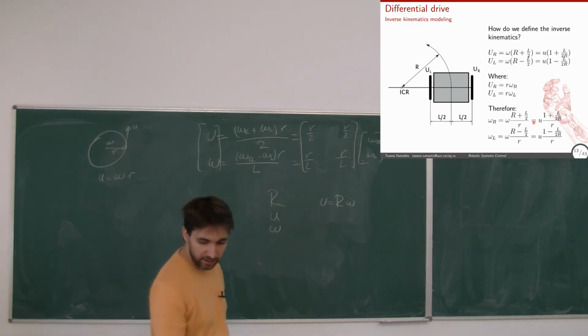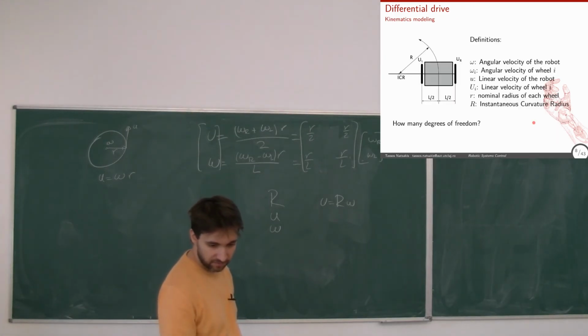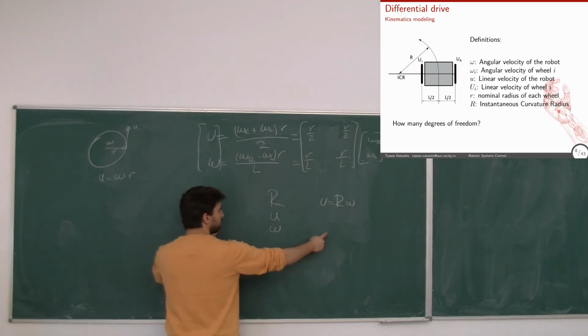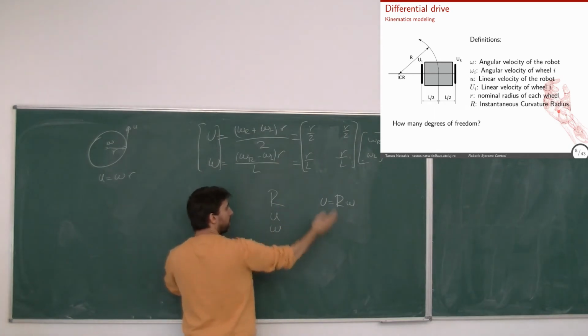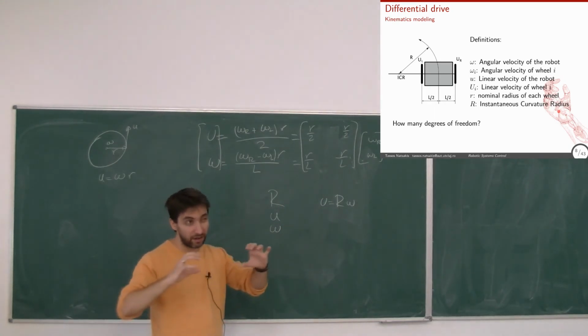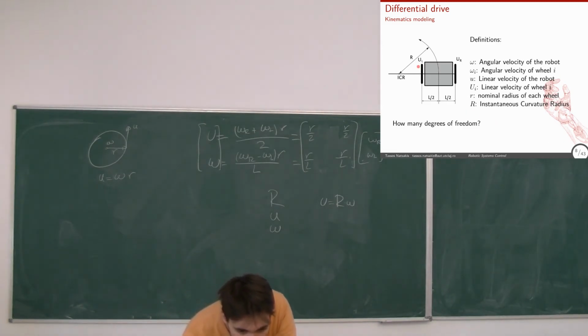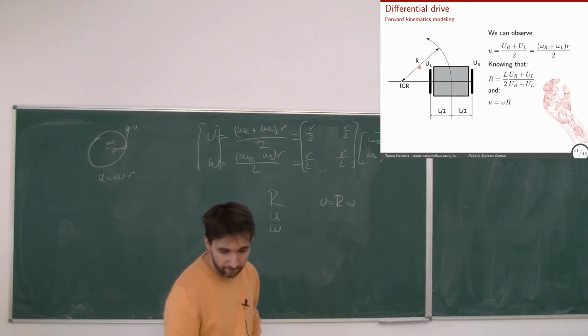Yeah, the capital R is the instantaneous center of rotation, or the distance from the center of the robot until the center of rotation. Okay, while the small r is the radius of the wheels. So these wheels here, this distance, let's say. It comes up in the equations. Why?